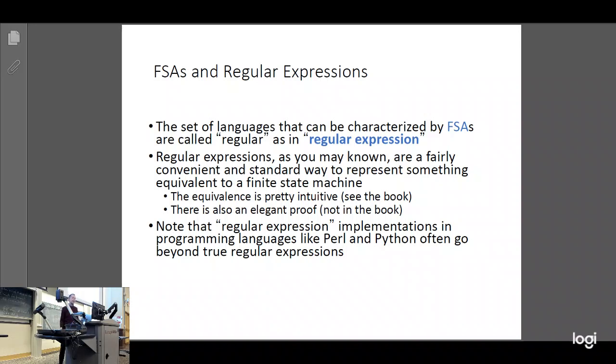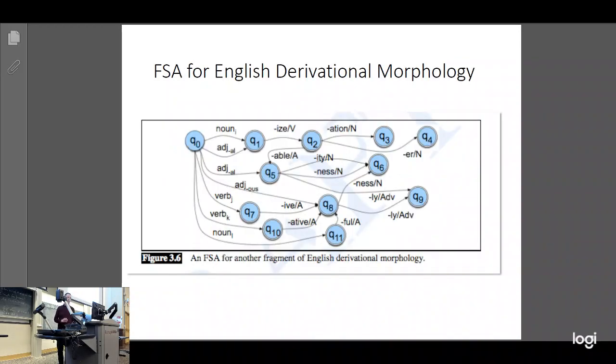So we can write an FSA, basically, really write a regular expression too, because they're equivalent. For every FSA, there's a regular expression, and for every regular expression, there's an FSA. We could write one that does English derivational morphology. So there's a lot of shorthand in this diagram from your book, but basically the idea is that noun sub I is all of the nouns that belong to this particular class.